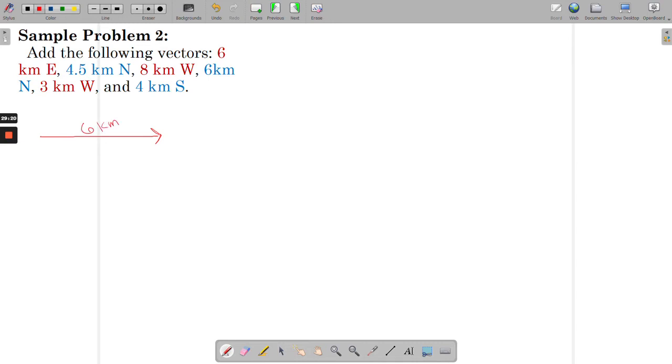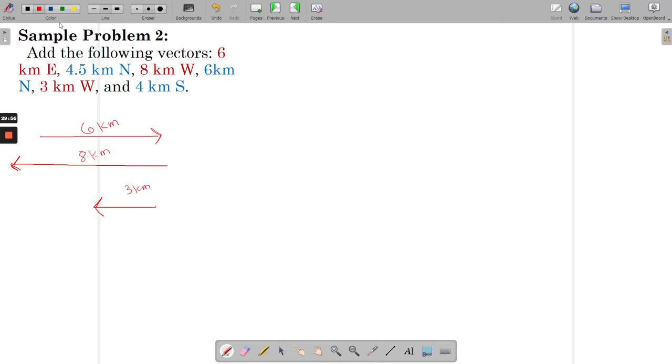Our next is going west, and it's 8 kilometers. So it's 8 kilometers going west. And the third one is 3 kilometers going west, which is basically half of the first one.